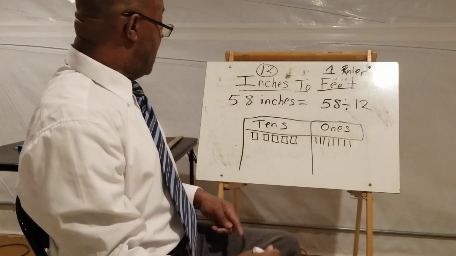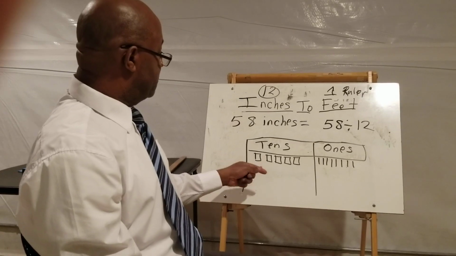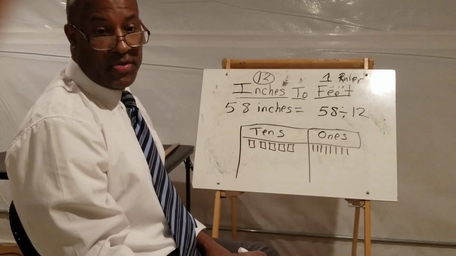Right, remember that? And then you ask yourself, can you get 12 groups of 10s out of 1, 2, 3, 4, 5 tens? Of course you cannot.